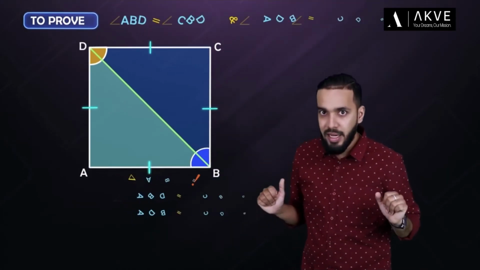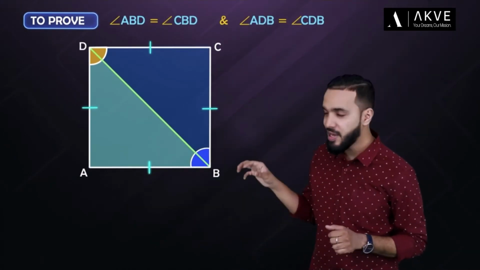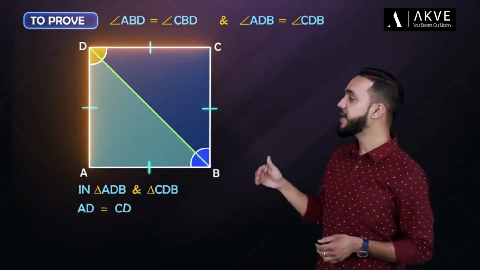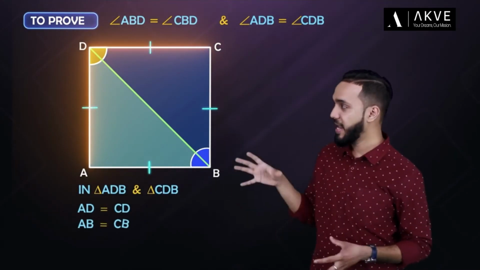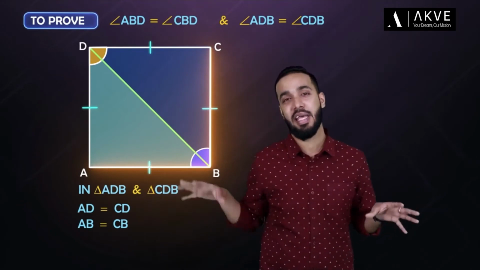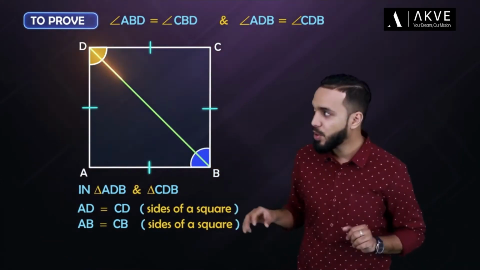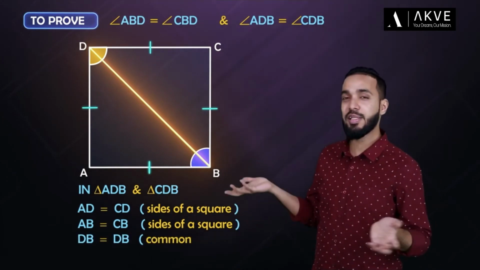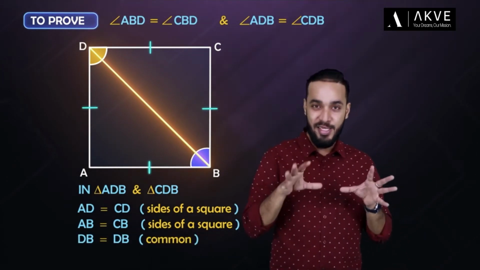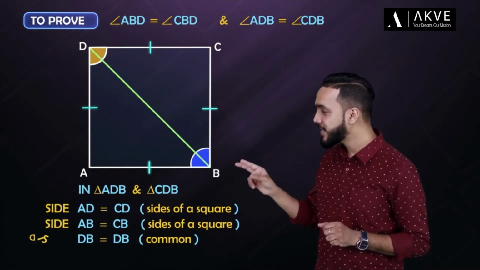So, mathematically, in triangles ADB and CDB, AD is equal to CD and AB is equal to CB because ABCD is a square and the sides of a square are equal. Also, DB is equal to DB because it's common in both the triangles. So, side, side, side.